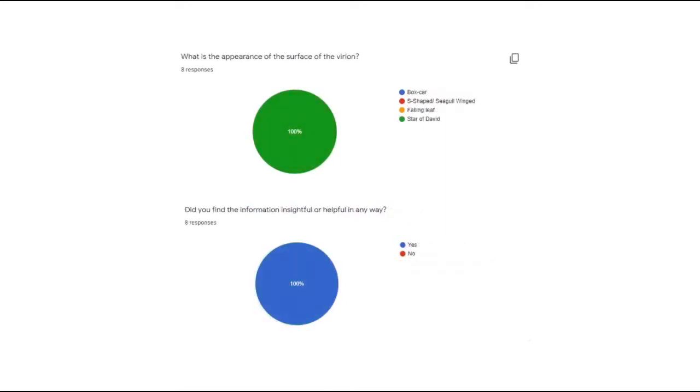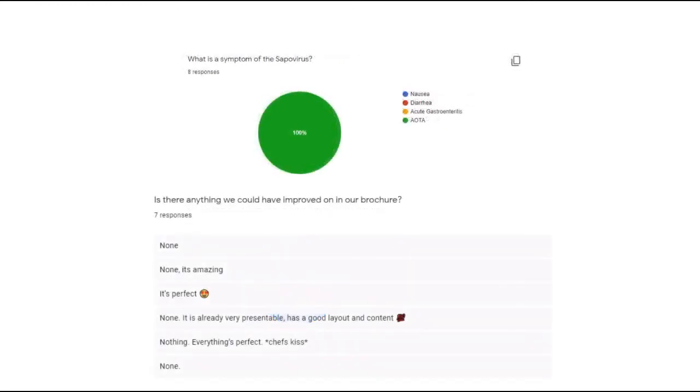What is the appearance of the surface of the virion? Star of David, and eight answered, all are correct. Did you find the information insightful or helpful in any way? They said yes. And what is a symptom of the Sapporo virus? Eight answered AOTA, or all of the above, which all of them had correct.